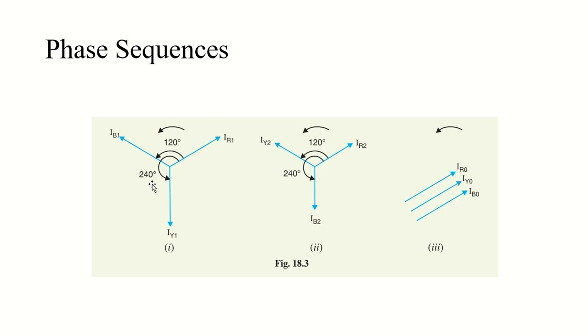Which means you can take either minus 120 degrees or 240 degrees, as you are moving in the anti-clockwise direction for calculation of phase angles, right?